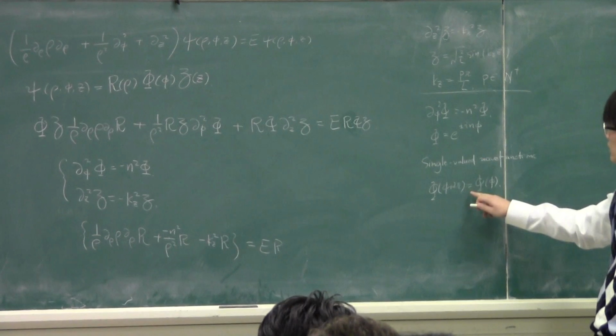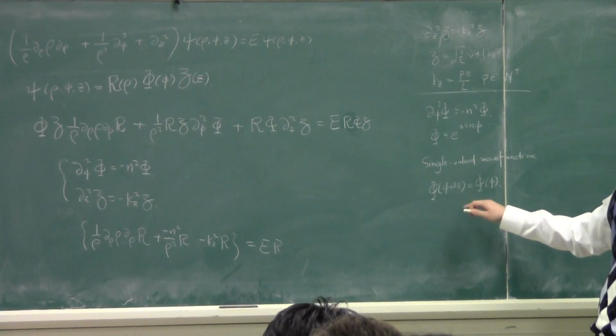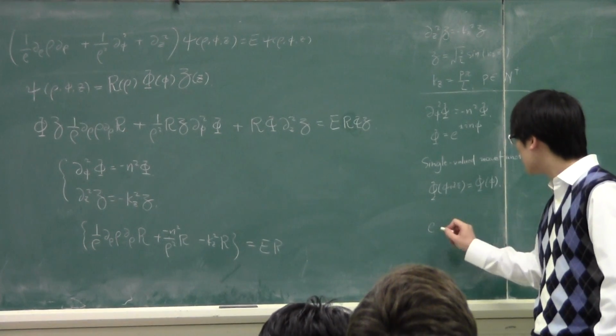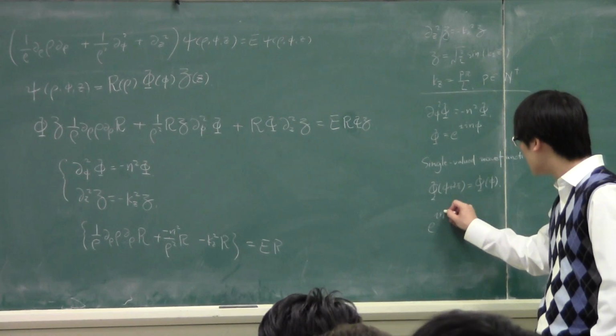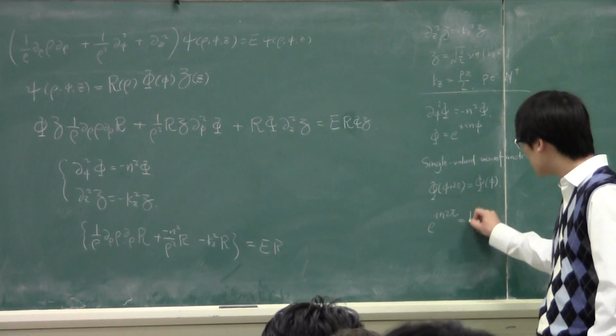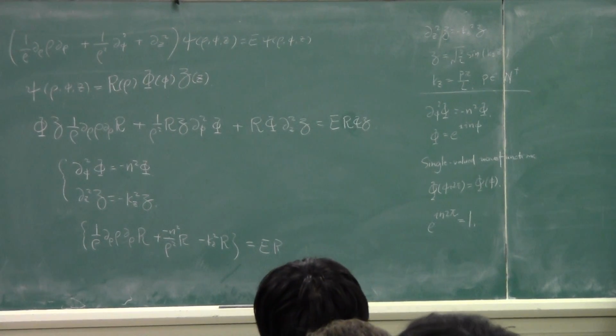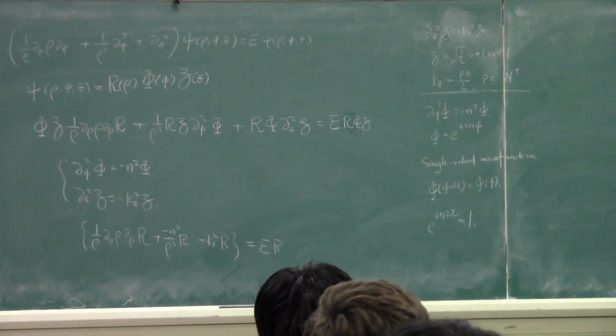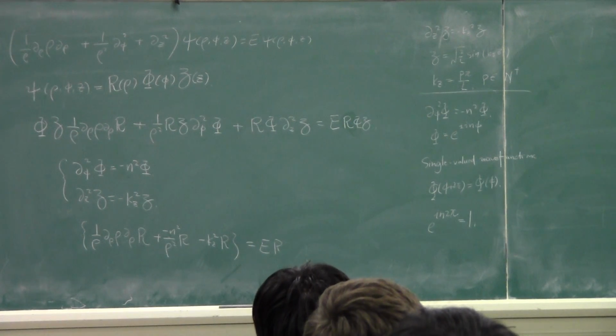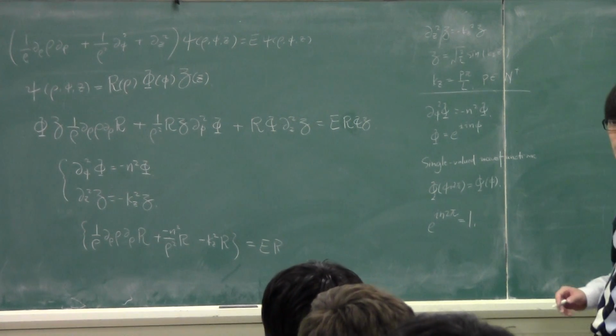And if I plug in an expression for it, it turns into e to the i n 2-pi is equal to 1. And that means the n's are quantized to integers again.